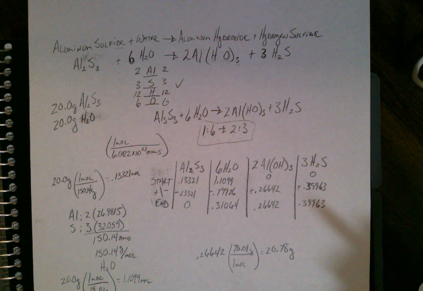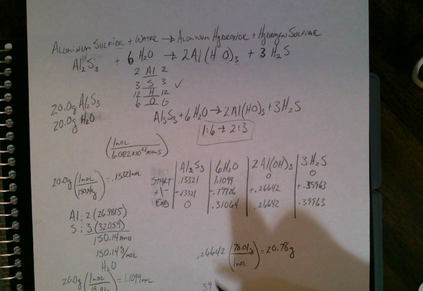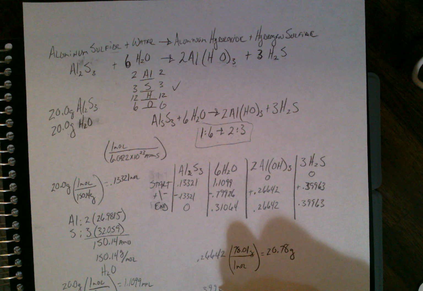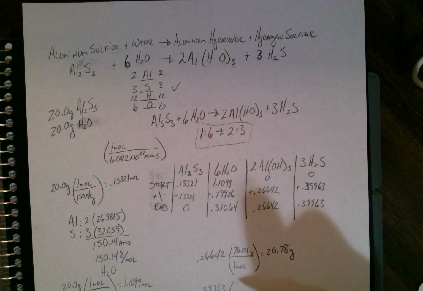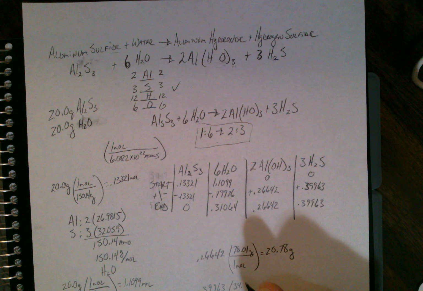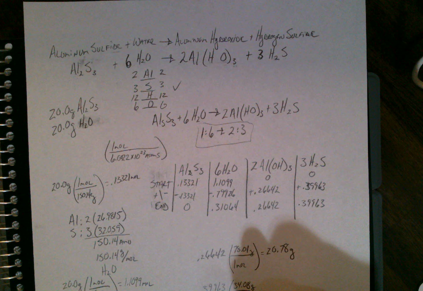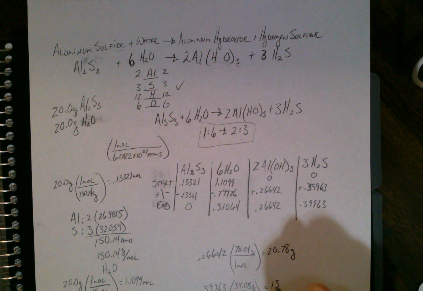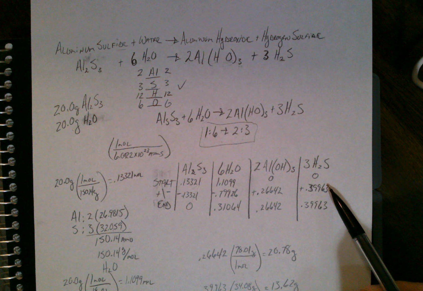Then we want to know how much we've got of the hydrogen sulfide. So 0.39963 times 34.08 grams per mole of that molecule, and you get 13.62 grams of hydrogen sulfide.